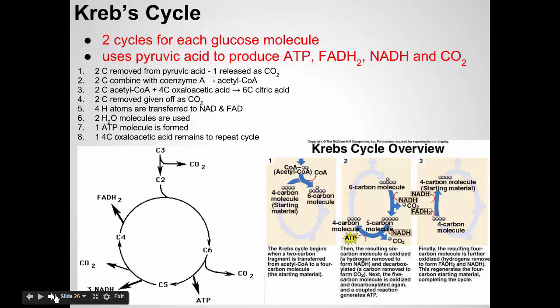Then these 2 carbons are combined with another molecule called coenzyme A, and it forms a molecule, and this is a word you should recognize, acetyl-CoA. That's sort of the first intermediate here in this Krebs cycle. So 2 carbons from the pyruvic acid get combined with a coenzyme A, and we have acetyl-CoA.